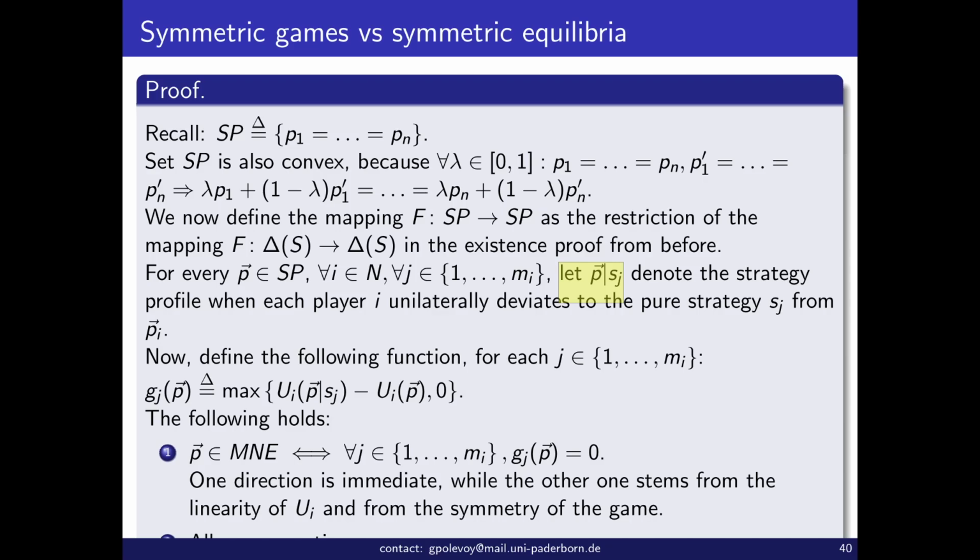So we look at, okay, what is the strategy profile? Yeah, it needs to be better defined. So pi denote any strategy profile when a player unilaterally deviates to the pure strategy as j.